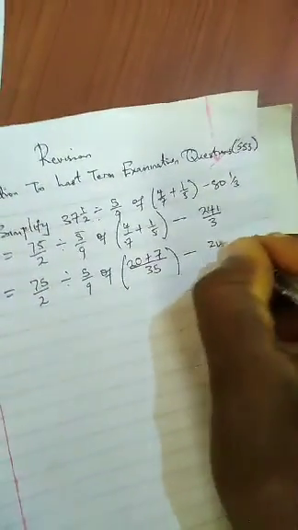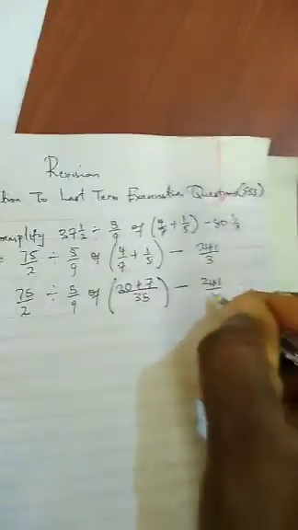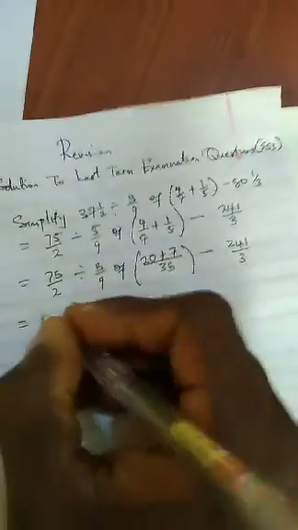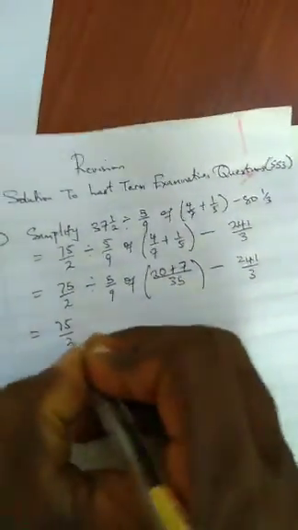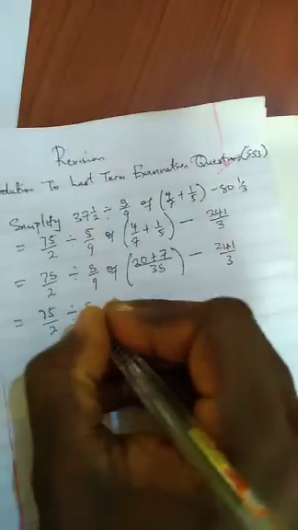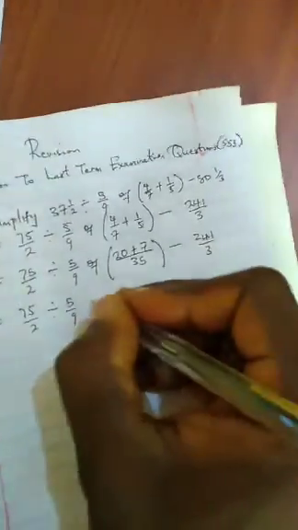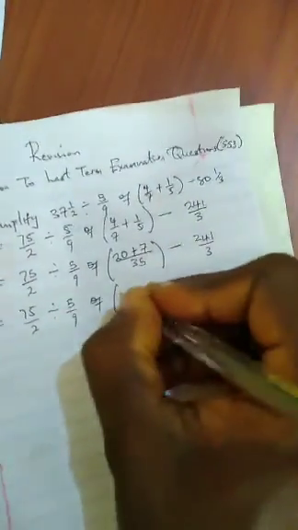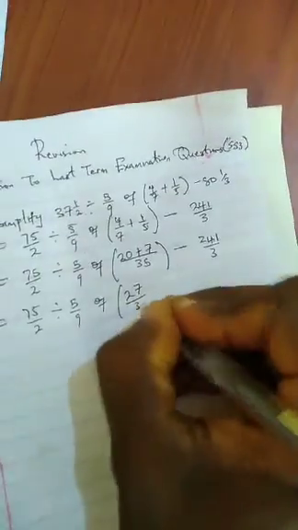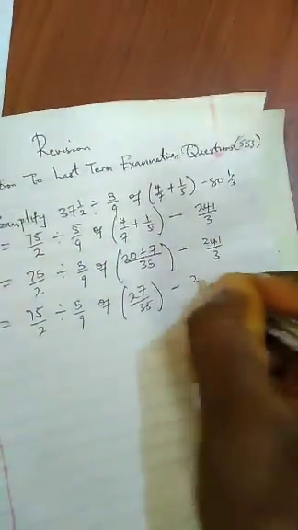Minus 241 over 3, which equals 75 over 2 divided by 5 over 9 of 27 over 35 minus 241 over 3.